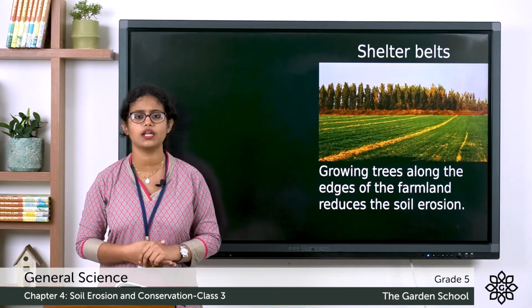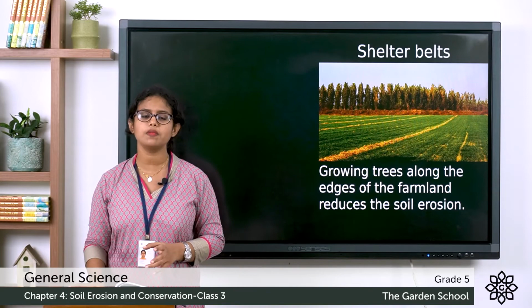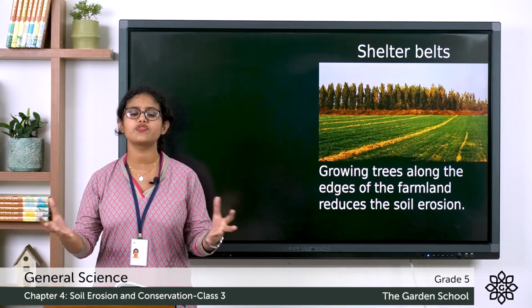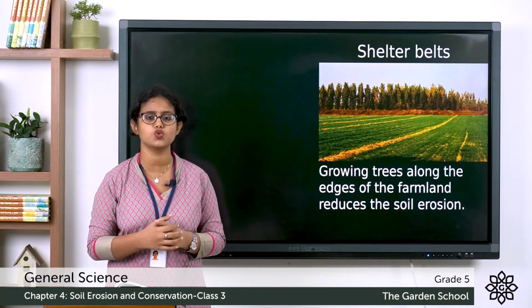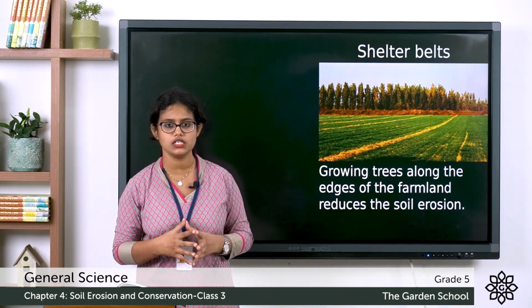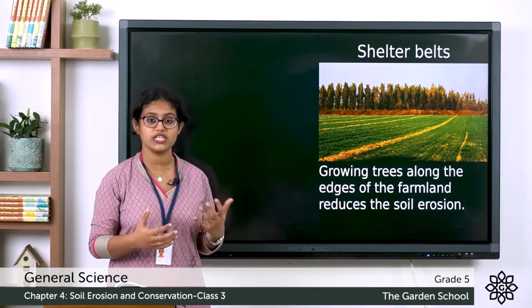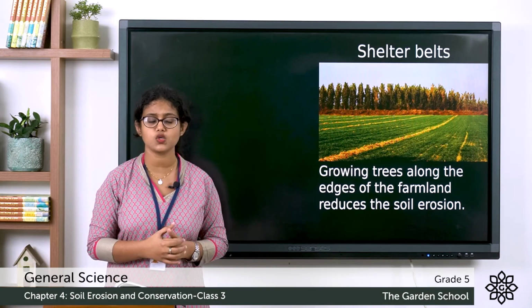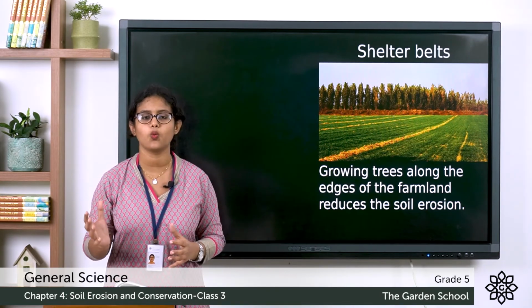Coming to the next one, it is about shelter belts. In farmlands you can see it is open from all sides so that it can easily be exposed to wind and water. So what the farmers do here is on the edges of these farmlands they grow trees, shrubs and plants. Why do they grow them? In order to reduce the force of wind.